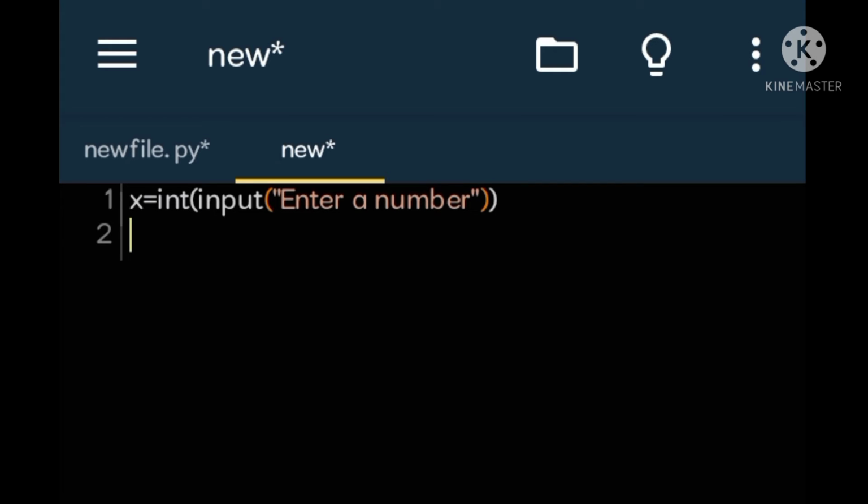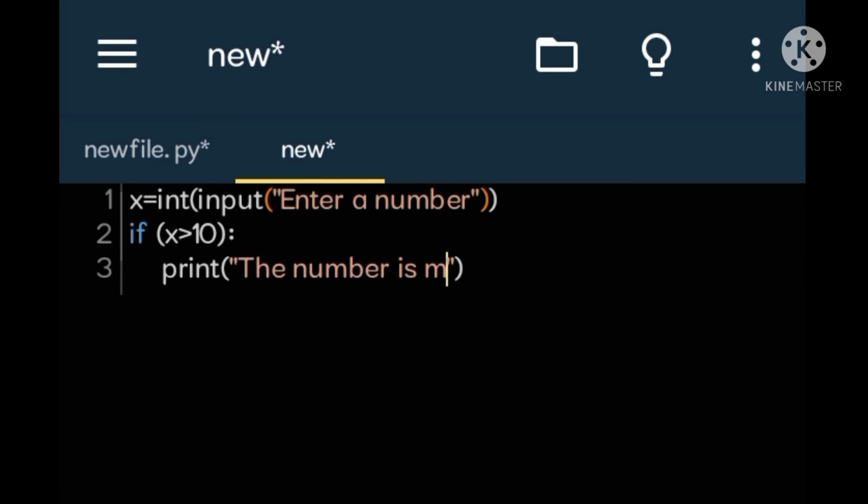Now we will be applying an if statement. I'll be showing you this today because I am explaining the basics of Python on mobile in this video. If x is more than 10, bracket and colon, print, bracket, quote, "The number is more than 10".